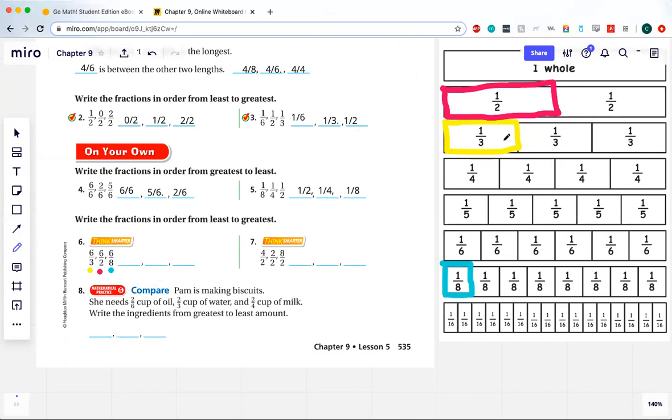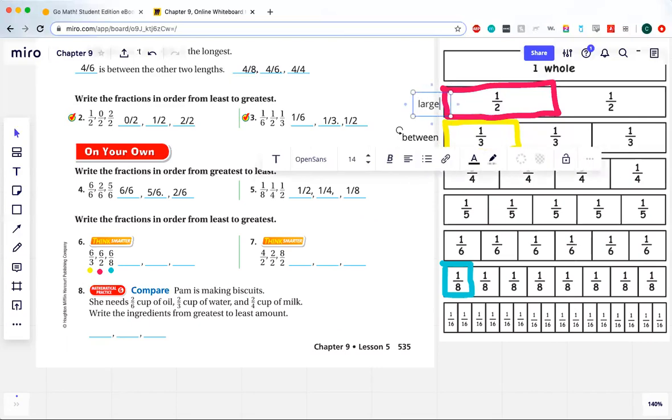So I'm going to go ahead and look at my thirds. Is this one the smallest, the biggest, or in the middle? It's between. So I'm going to write that this one right here is between. And then my halves are my largest pieces.